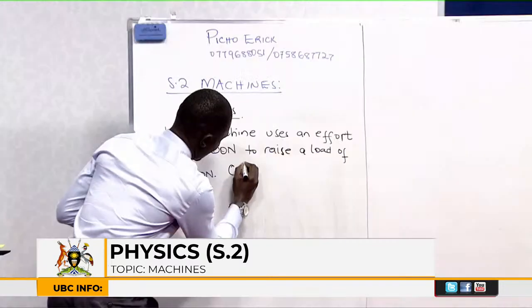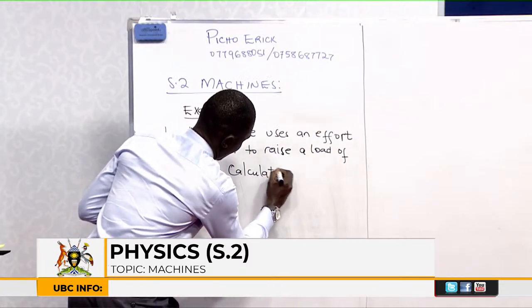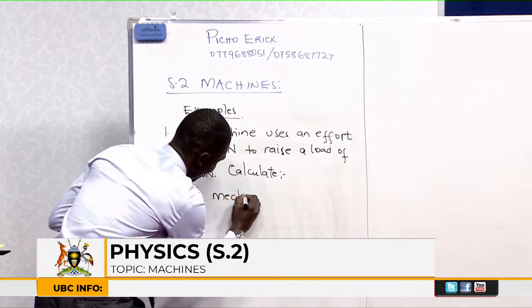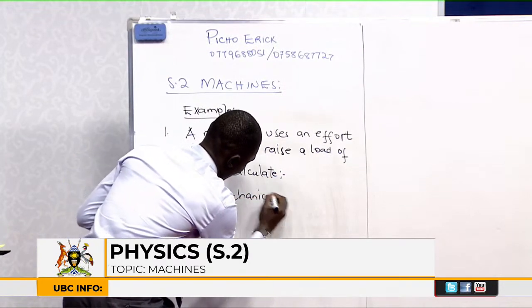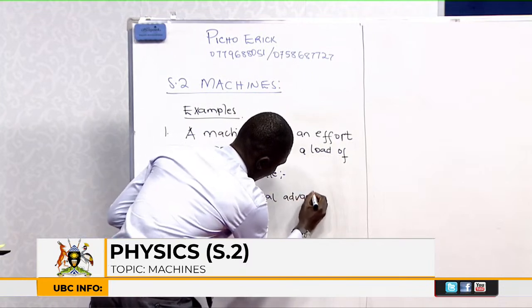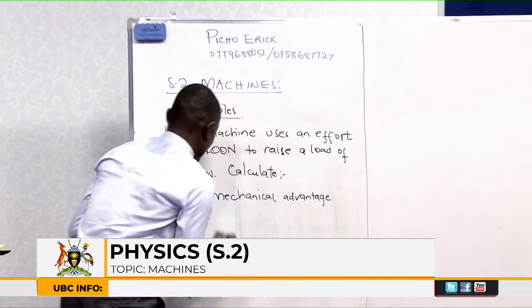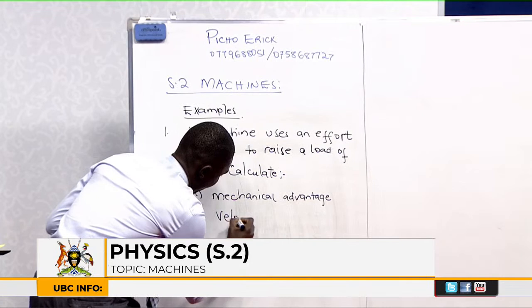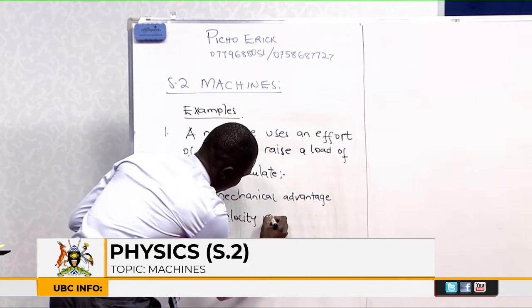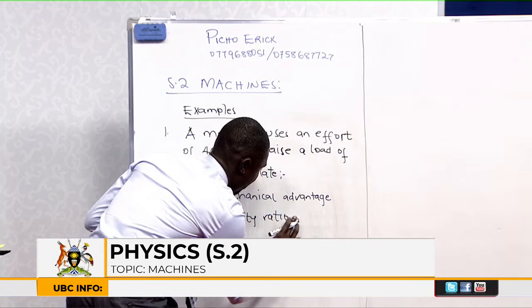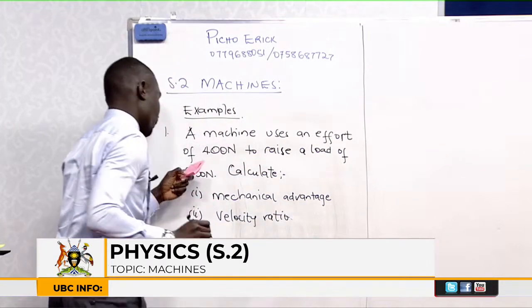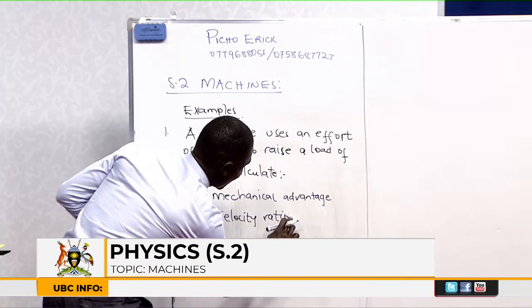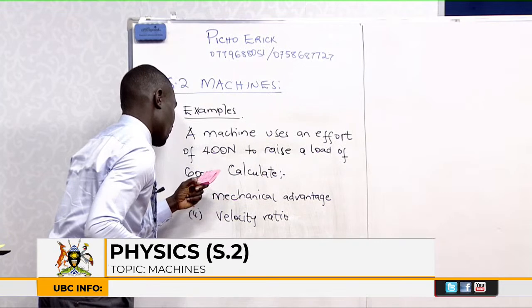Then calculate: Roman 1, the mechanical advantage. Then Roman 2 is the velocity ratio. Mechanical advantage, velocity ratio.